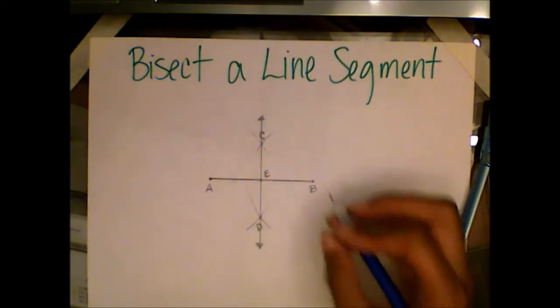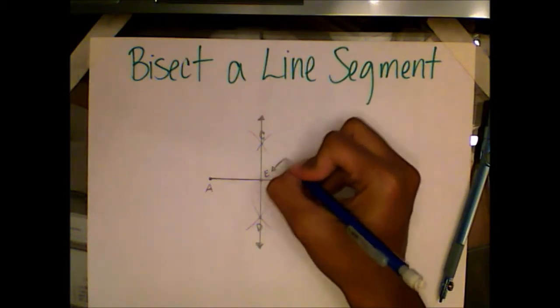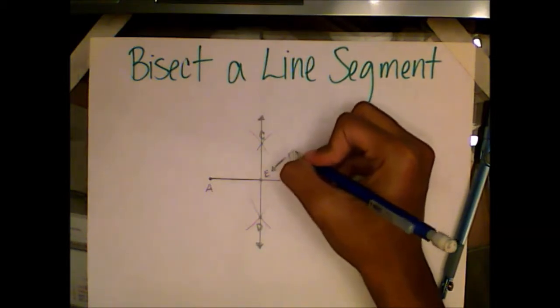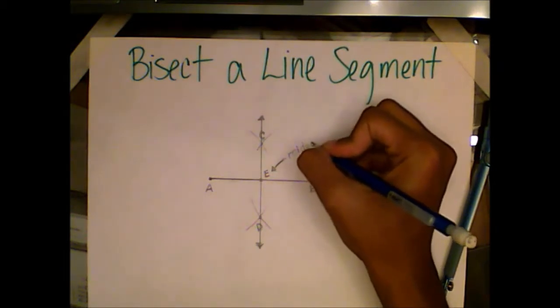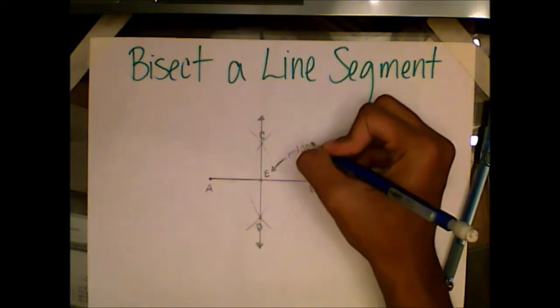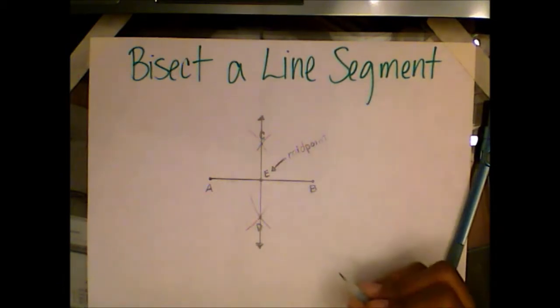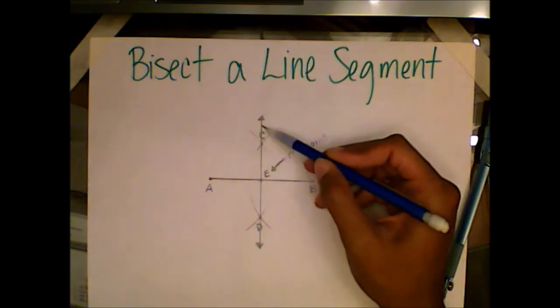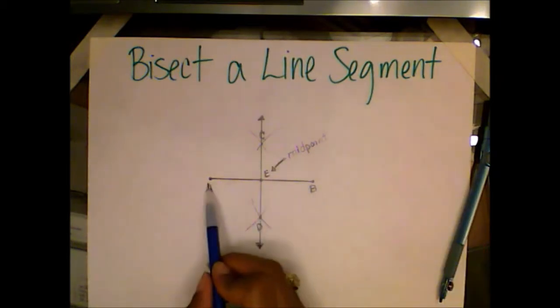Now, point E is the midpoint of line segment AB. Again, point E is the midpoint of line segment AB. Also, line CD is perpendicular to line segment AB.